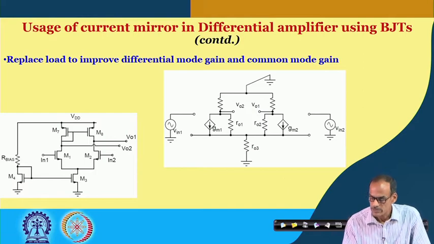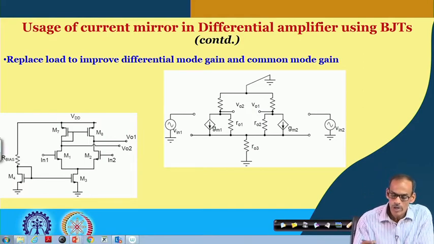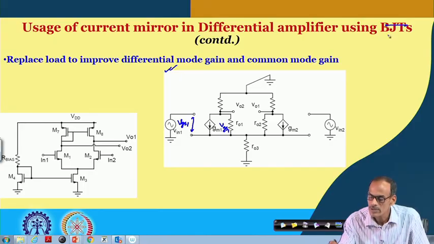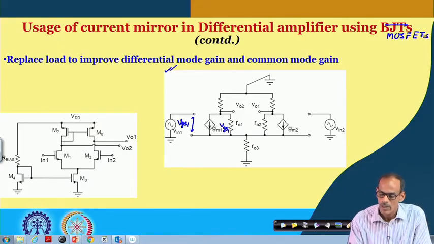So, we do have the small signal equivalent circuit, most of it. The only thing I have to add here is GM into VGS. VGS1 is here, this is the MOSFET.